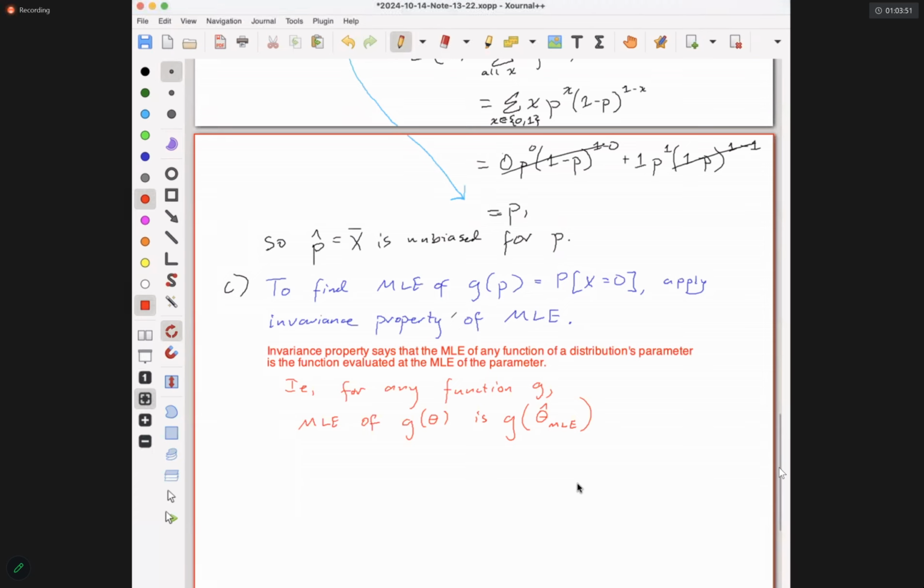Okay, so applying this invariance property here, what is the MLE of g of p?